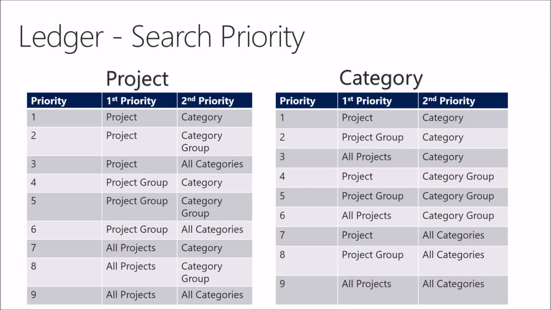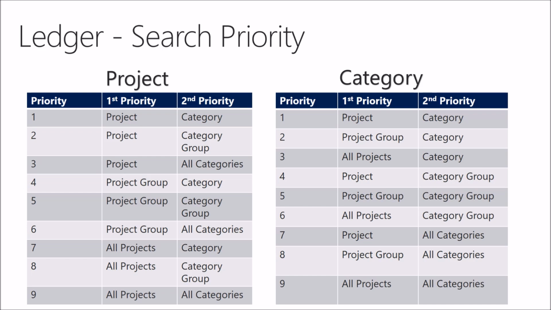And based on what search priority you pick, the AX logic will look through that form differently to find the main account. So once again, there are two search priorities: project and category. And I have a table depicting each one, and it shows the different ways that the logic will search through that form to find the specific main account.